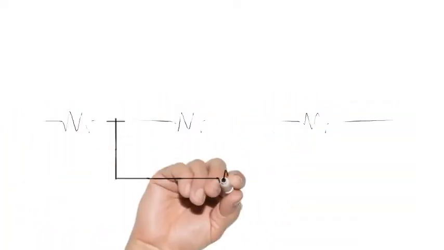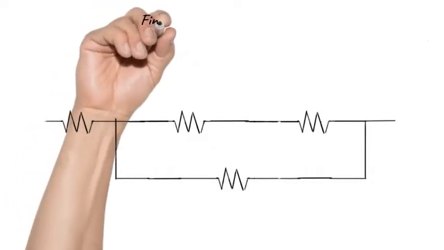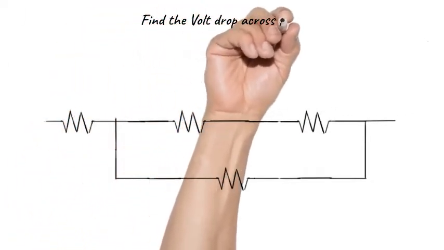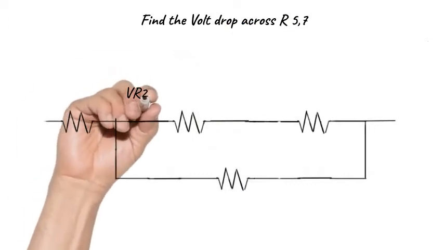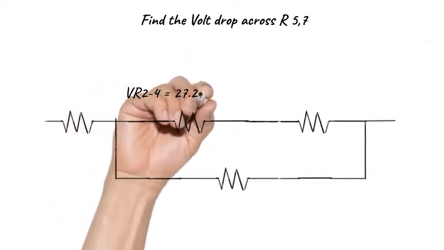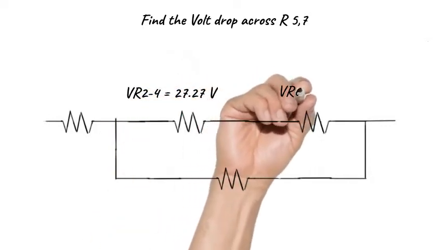Our next step would be to find the volt drop across R5 and 7. Now, we can recognize here that R5 and 7 is in parallel with R2-4 and R6.